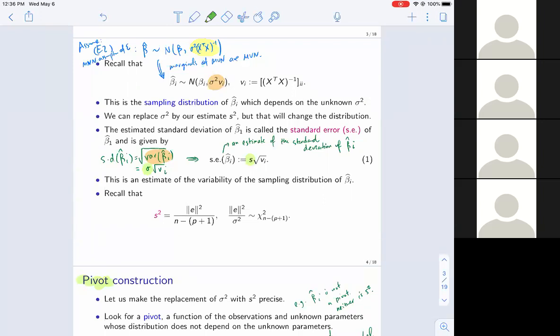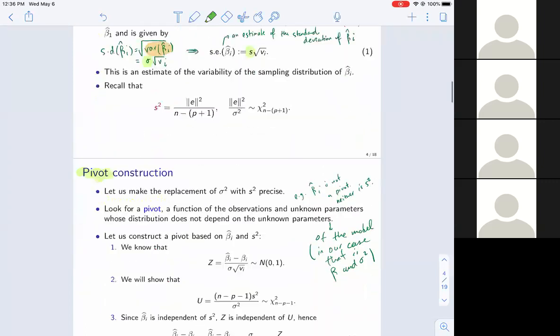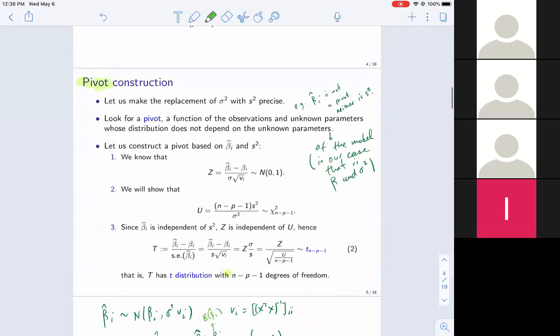So what we started doing was trying to build confidence intervals, and the idea was that we will build them based on objects called pivots. A pivot is a function of the observations and unknown parameters whose distribution does not depend on the unknown parameters.